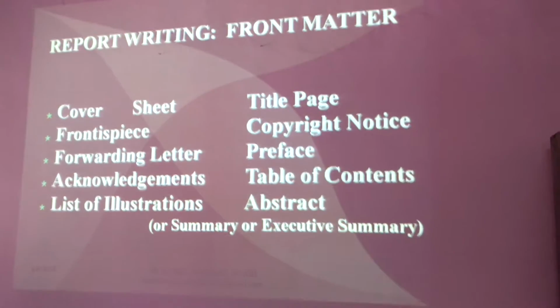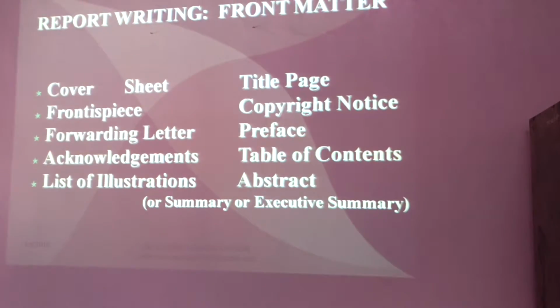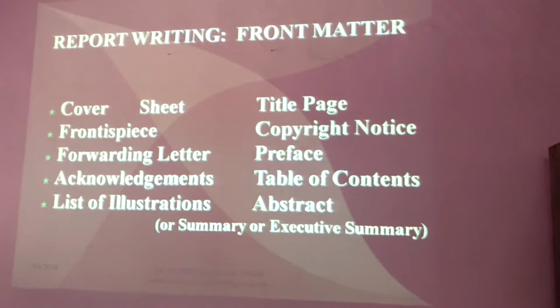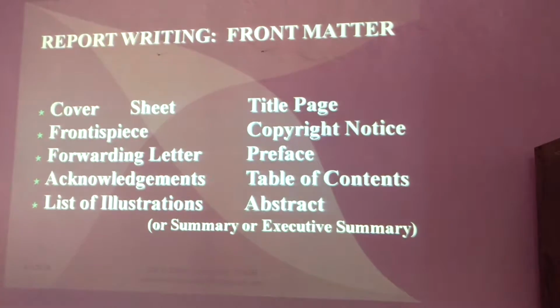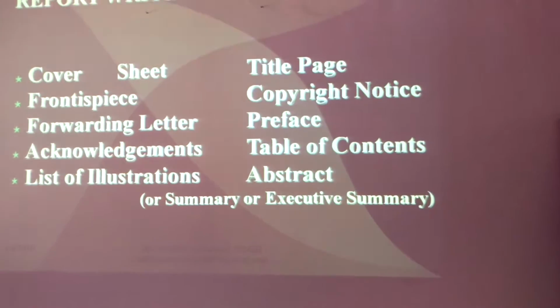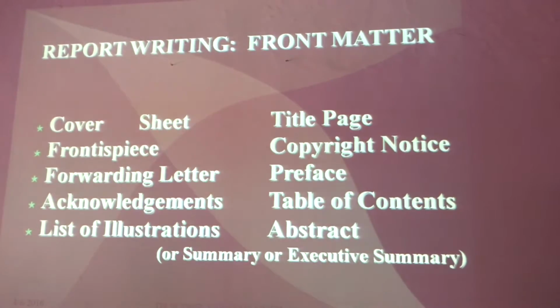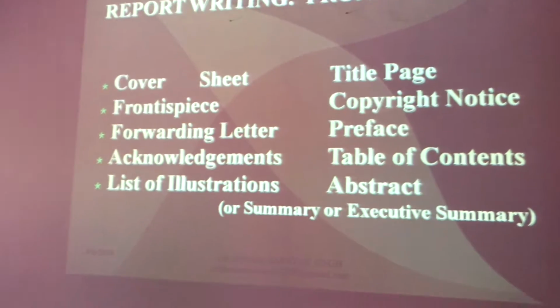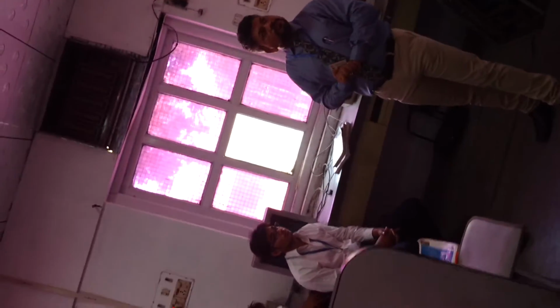Then frontispiece, copyright notice, and then forwarding letter. After the forwarding remarks, there will be preface, then acknowledgement, and then table of contents, a list of illustrations. Finally, abstract or summary, or even executive summary. These things should be discussed as part of the front matter. Next please.